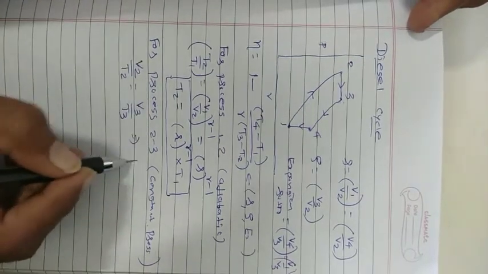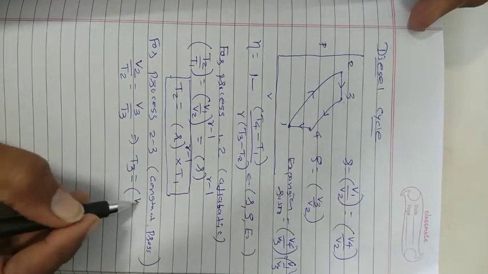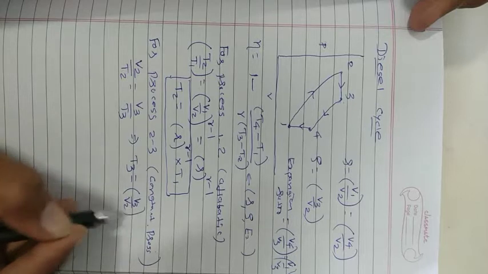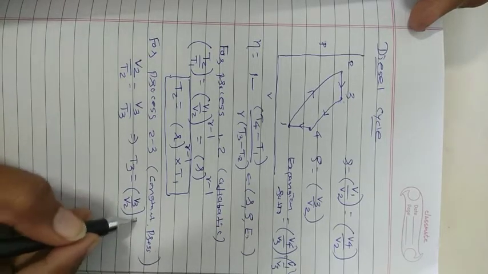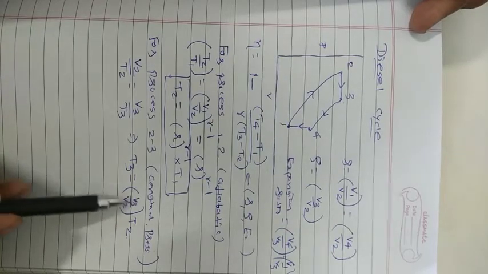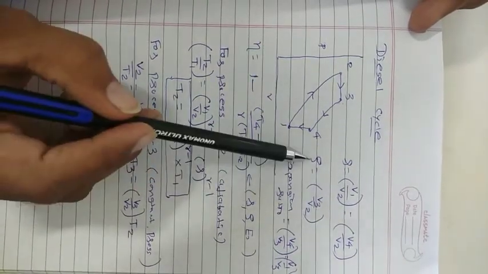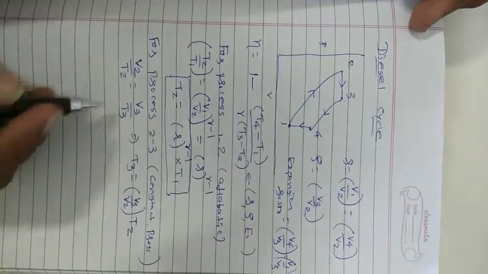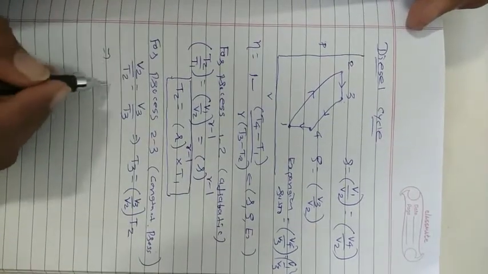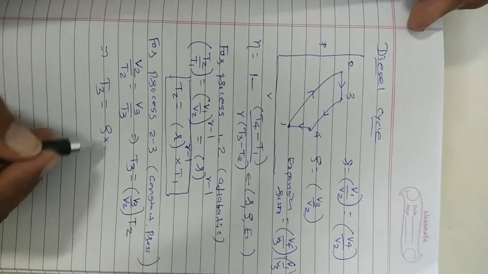So T3 is equal to V3 by V2 into T2. Now what is V3 by V2? That is basically rho, the cutoff ratio. So T3 is equal to rho into T2.